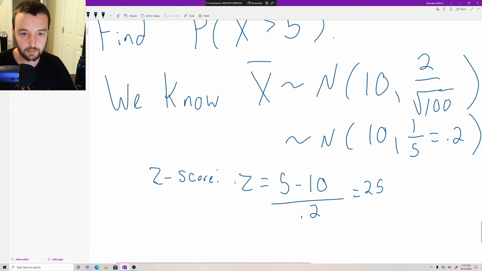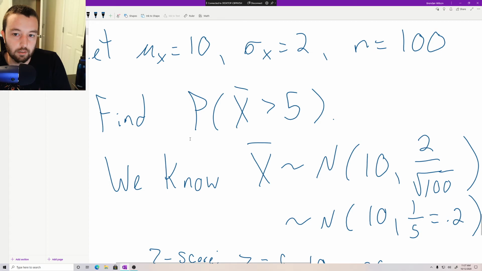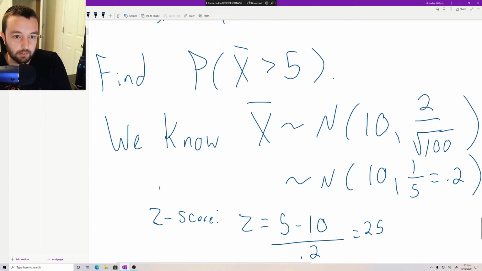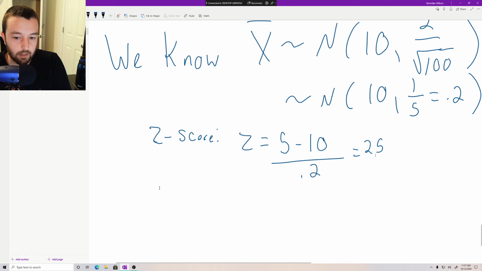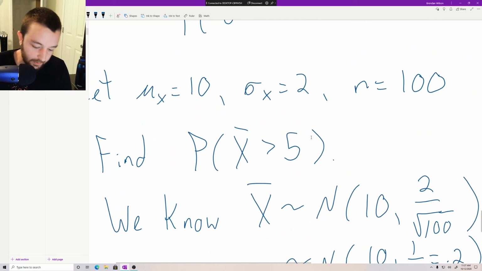Which is going to be way too big to even be on a table, honestly. There's no way that's going to be on a table. The probability of this is going to be basically 0 because this number is so big. So I just picked bad numbers.